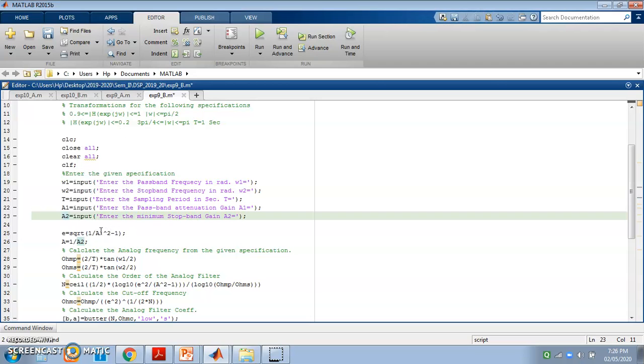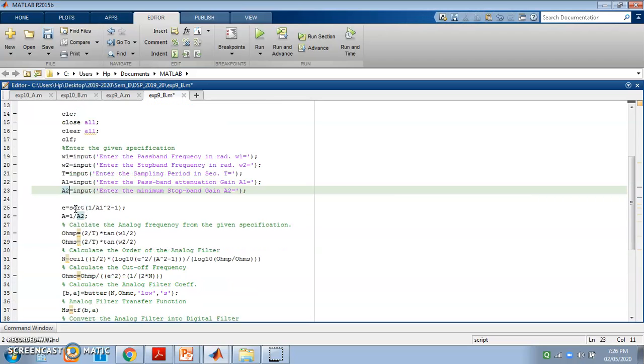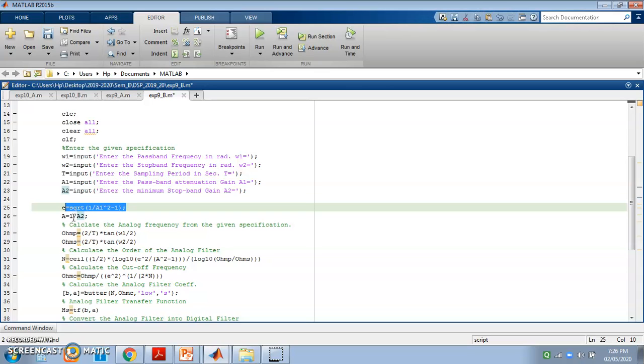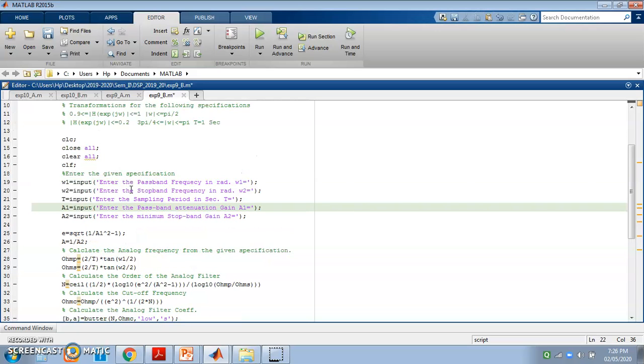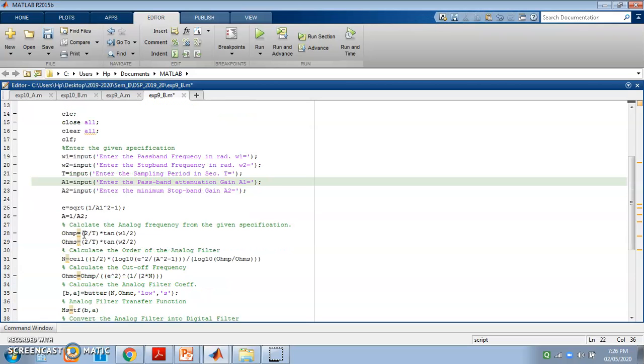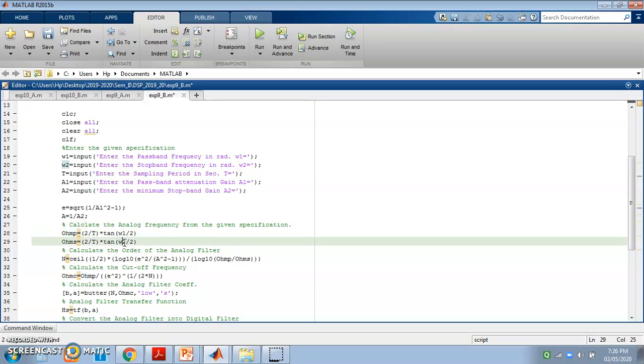So here one can have the term, that is under root of 1 upon A square minus 1, that is assumed to be E. And as we have been provided with 0.9 as a passband attenuation, one can calculate its ratio, and calculate the analog frequency from the given specification. So omega 1 is getting converted into the passband frequency OMP, and omega 2 is the stopband frequency, which is converted into the OMS.